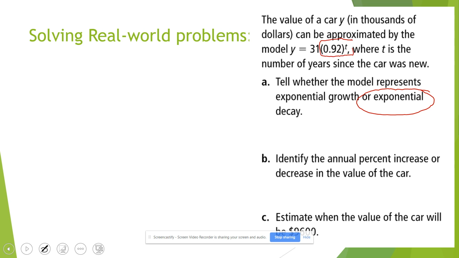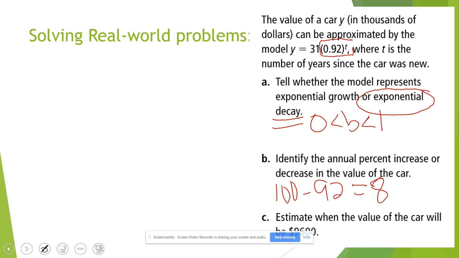We have 0.92. 92 hundredths, or 92%, is our base, and 0.92 is definitely in between 0 and 1. So we're again at a decay problem. 100 minus 92 is 8%, so it's decreasing by 8%.